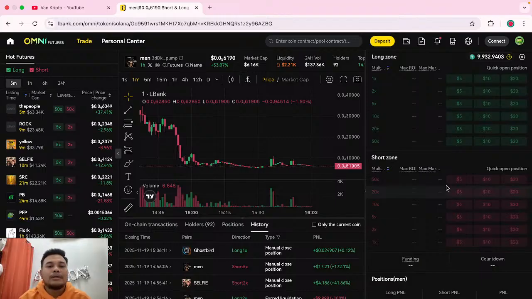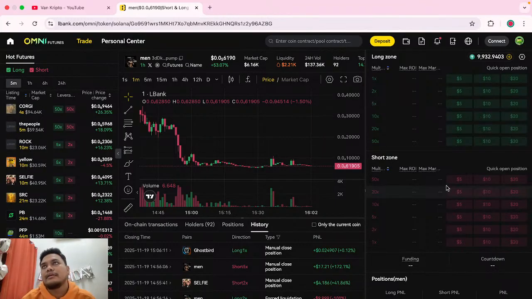So without further ado, let's click on some buttons and see how it works, how exciting this new platform is, which only exists inside LBank for now.